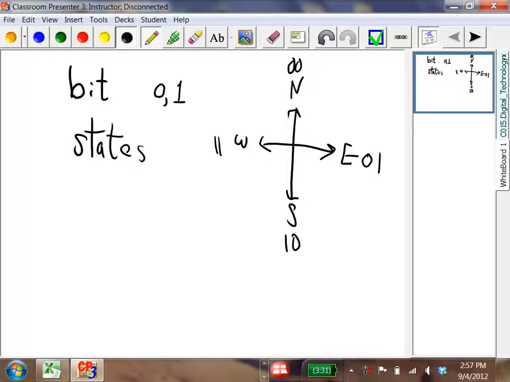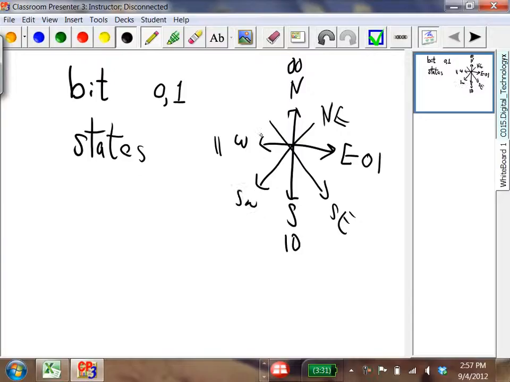Suppose you wanted to have 8 points of the compass. Suppose you wanted to have northeast, southeast, southwest, northwest. It would take how many bits? Three, right? And so you would just have to add an extra bit here.